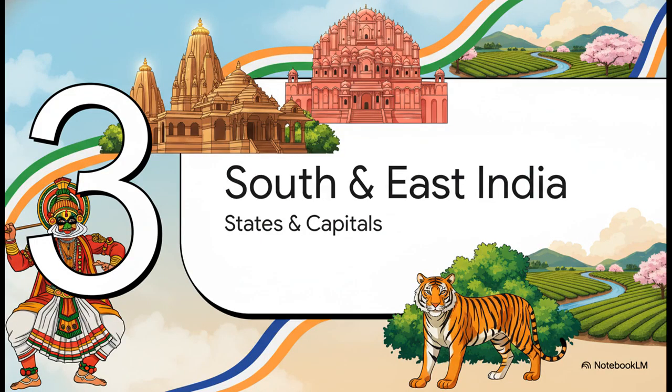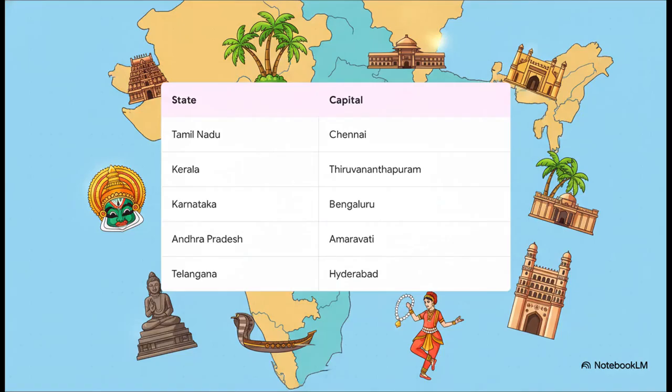All right, we've tackled the north and the west. Now our grand tour is heading down to the peninsular south, and then we're going to sweep across to the diverse landscapes of the east and northeast. Let's keep this momentum going. So, heading down south, you'll find Tamil Nadu with its capital Chennai. Then there's Kerala with Thiruvananthapuram, Karnataka with Bangalore, and the two Telugu-speaking states, Andhra Pradesh with its capital Amaravati, and Telangana with Hyderabad.